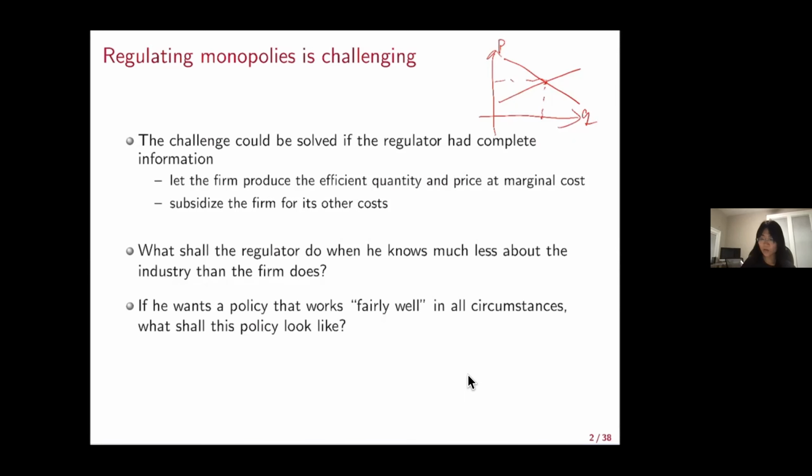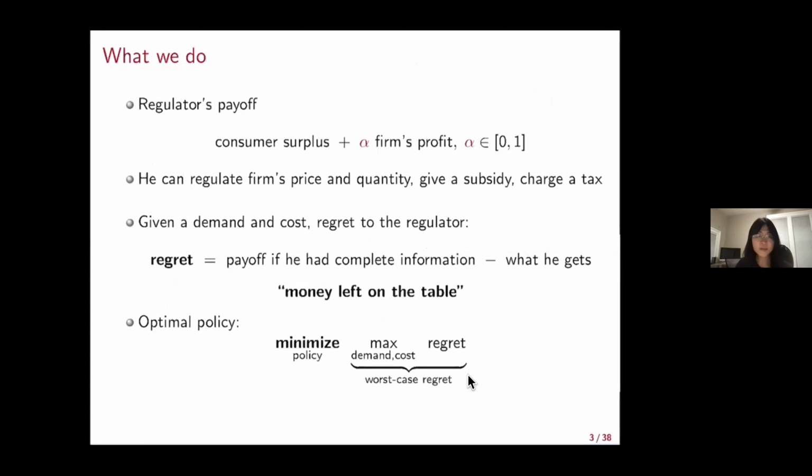In this paper, we address this classic monopoly regulation problem using a non-Bayesian approach. As in the Bayesian approach, we assume that the regulator's payoff is a weighted sum of consumer surplus and the firm's profit. The parameter alpha is the weight that the regulator puts on the firm's profit, and we consider alpha between 0 and 1.